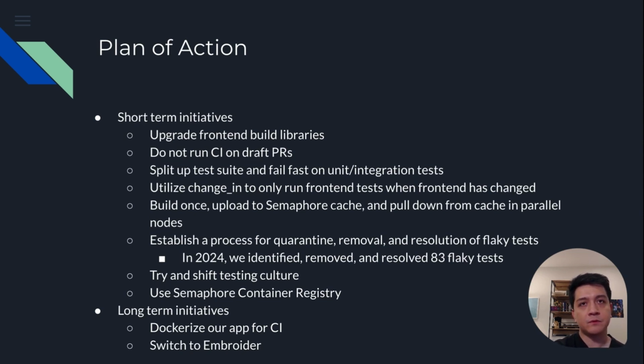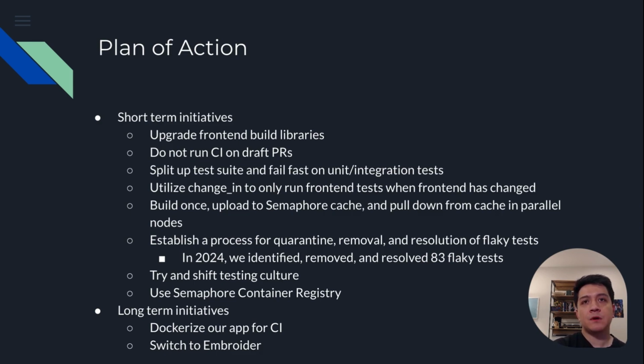So we were able to use the change-in feature provided by Semaphore in our CI YAML file to specify that we only want to run our front-end tests when anything in the front-end folder or directory has changed. So this actually optimized our test suite by conditionally running those front-end tests, and it helped quite a bit.